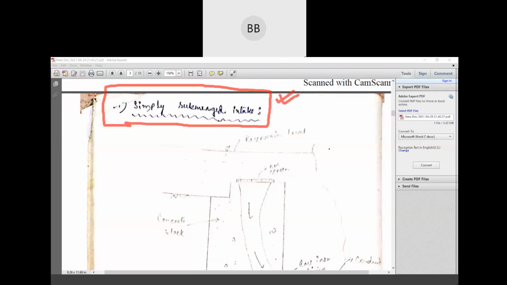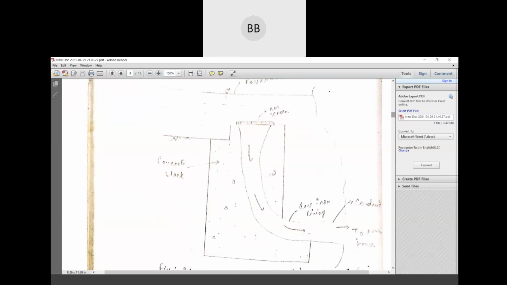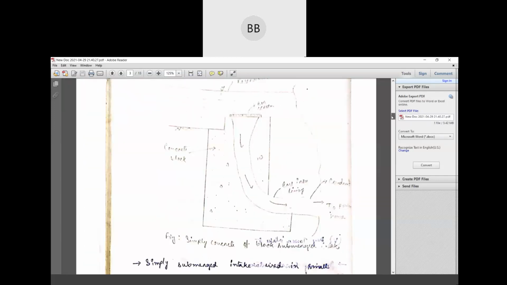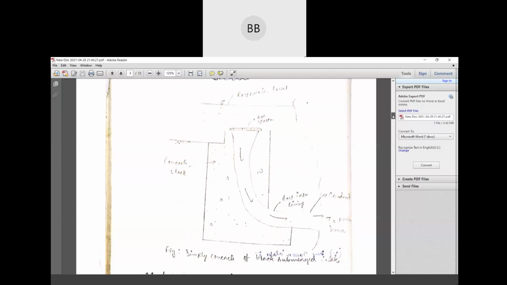Simple submerged intake, next one. So kindly draw the structure.